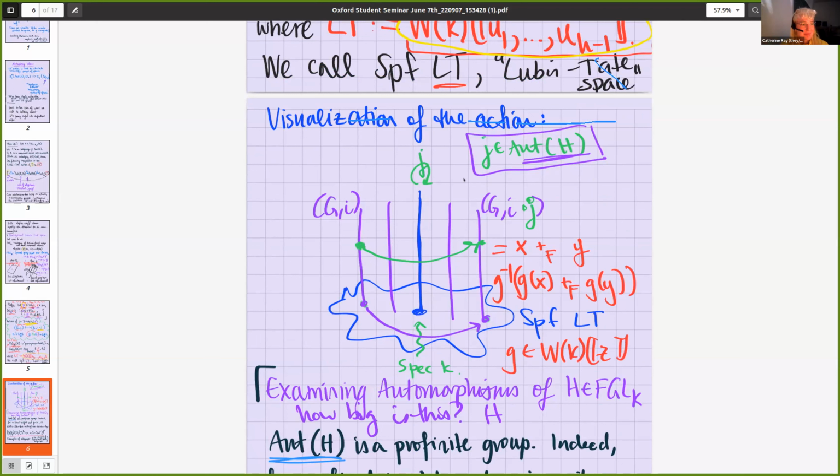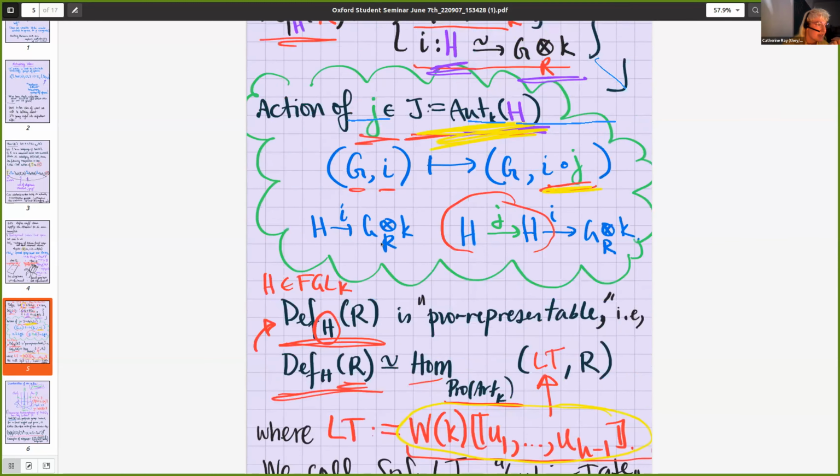It's just me sillily writing down a visualization, which is we're starting with this formal group H. This lives over Spec K, where K is the coefficient ring of H. And let's say we have some given deformation of the formal group H: this pair G, which is living over Spec R, and I, which is the way that we reduce the Spec R thing to a Spec K thing.